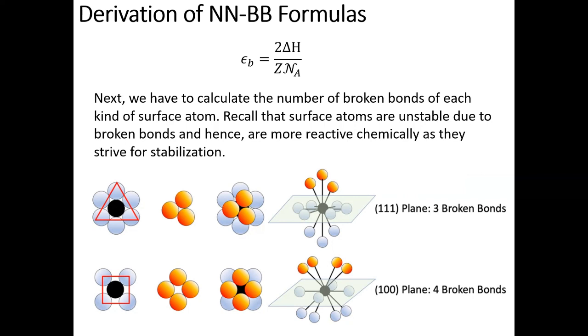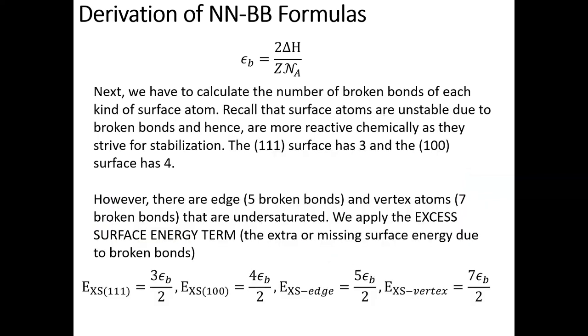You can put another layer on top by just skewing it, right? Looks like 45 degrees. And then you can see there are 4 broken bonds on the top, 4 on the bottom. Okay, easy enough. Of course, we already calculated that the edge atom has 5 broken bonds. The vertex atom has 7. All right, so those are the 4.